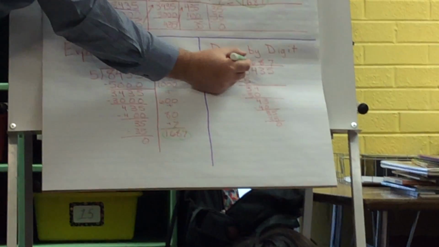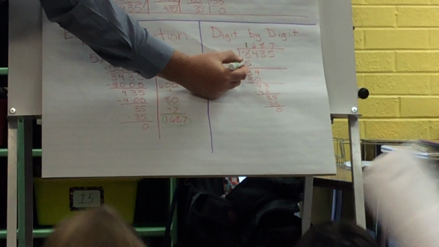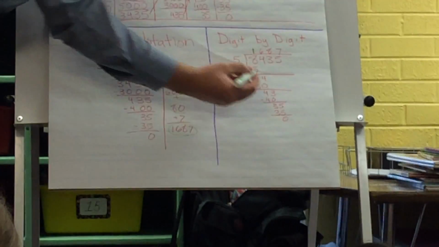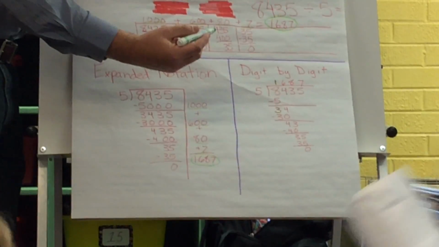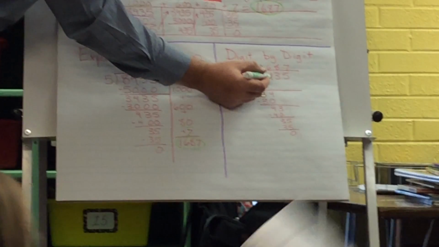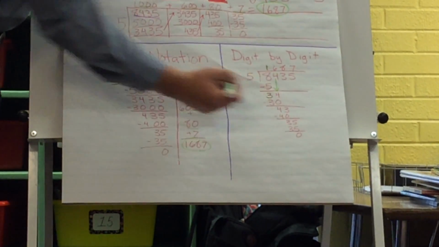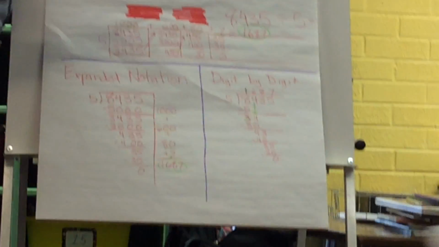So I put the 1 up here, and I subtracted that 1 5 to get 3, and then I knew, well, 5 can't go into 3. It's too big, isn't it? So I had to borrow a number, and I brought the 4 down to make 34. Can 5 go into 34? Yeah. Okay.